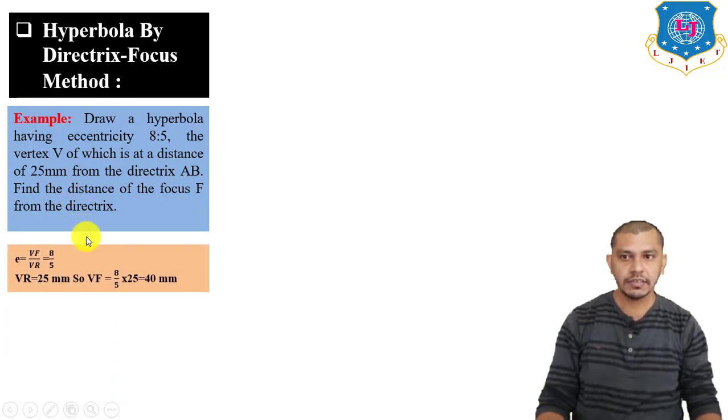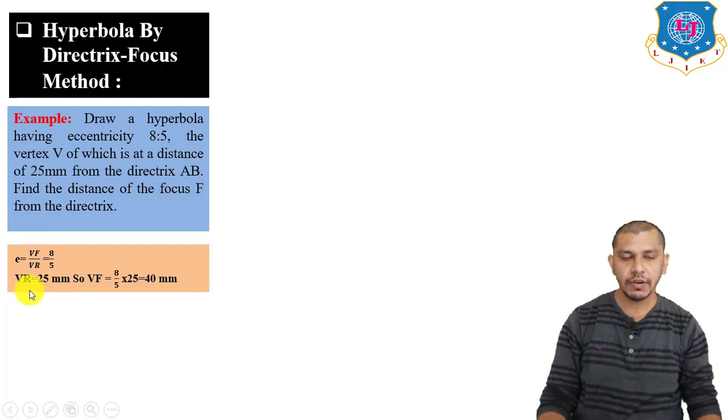So first of all, let us write down the given data. Eccentricity ratio e is equal to 8/5. The eccentricity ratio is the ratio of distances from the focus to the vertex and to the directrix, so it is equal to 8:5. The distance of the vertex from the directrix is given as 25 mm, so VR is equal to 25 mm.